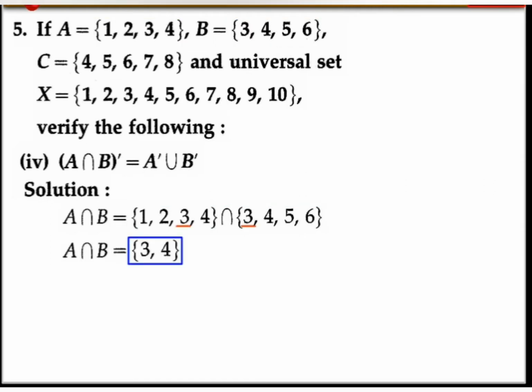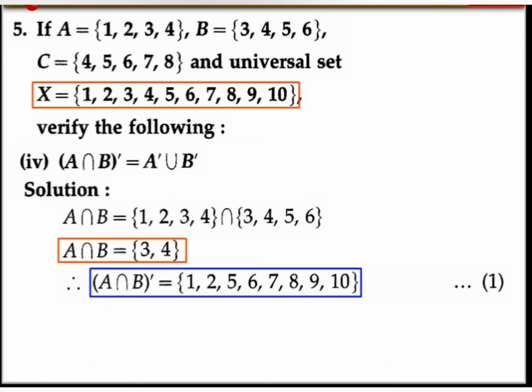That is set of 3, 4. Now complement of A intersection B is equal to set of 1, 2, 5, 6, 7, 8, 9, 10. Let us put it as 1.